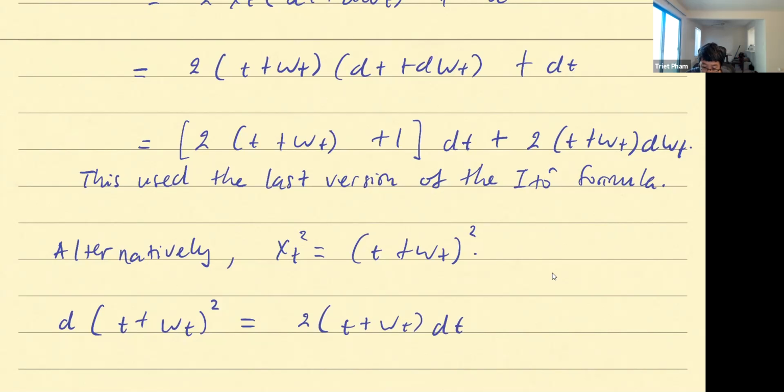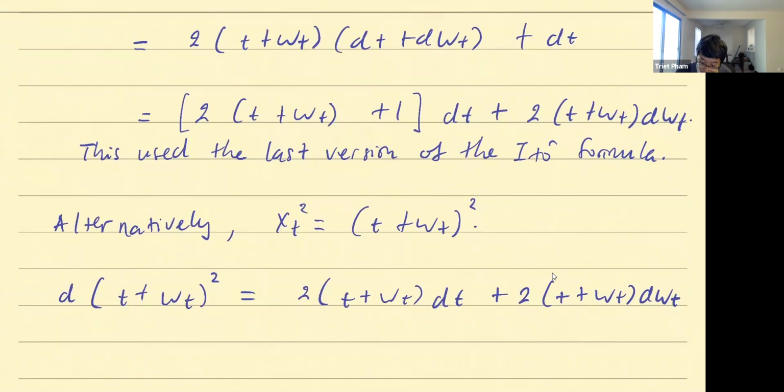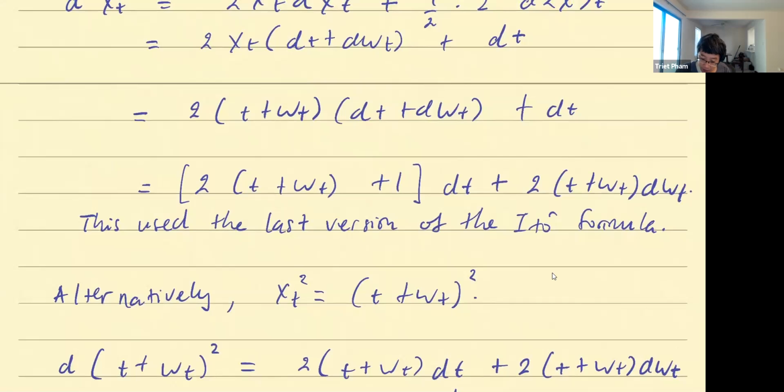Then differentiate with respect to W_t, giving 2(t plus W_t) dW_t. Then differentiate twice with respect to W_t: you bring down the 2, differentiate once more and you only get 2. So that's 1/2 times 2 dt, which is exactly this term right here.